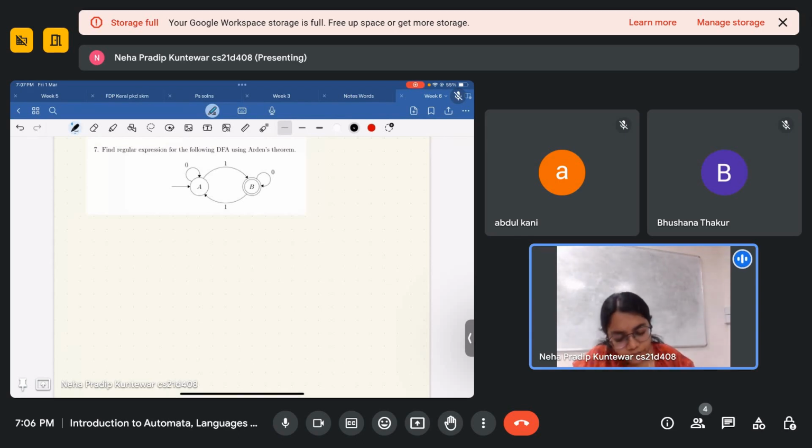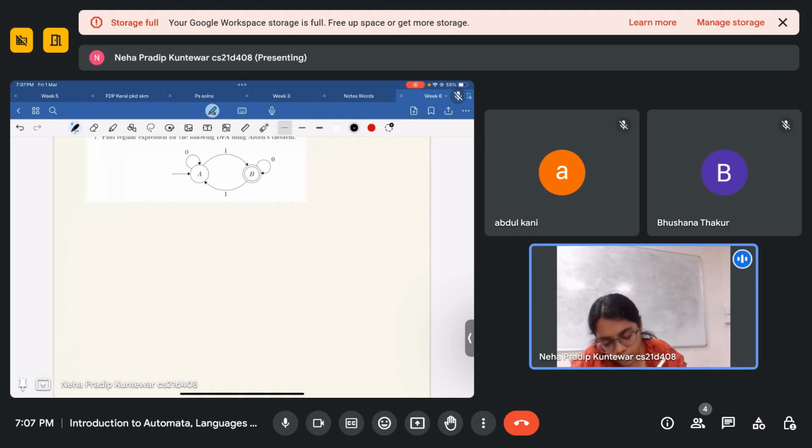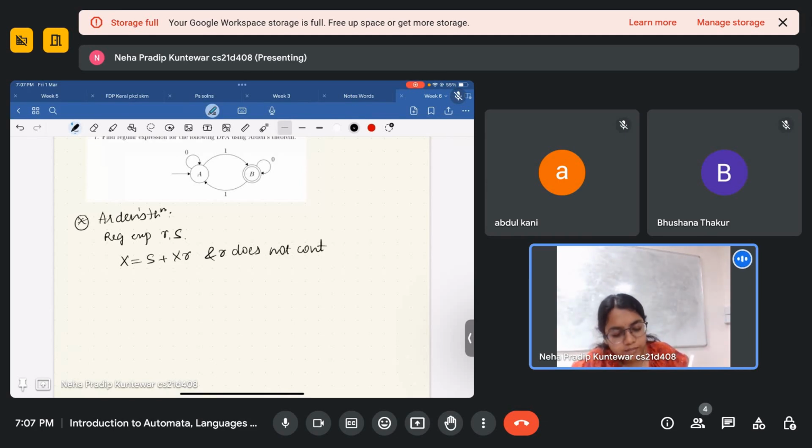Okay, so let's see. What is Arden's theorem? Arden's theorem basically says that if you have two regular expressions, R and S, and an equation of the form X = S + XR, and R does not contain the empty string epsilon, then this equation has a unique solution.